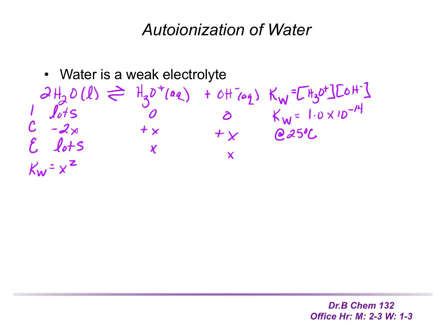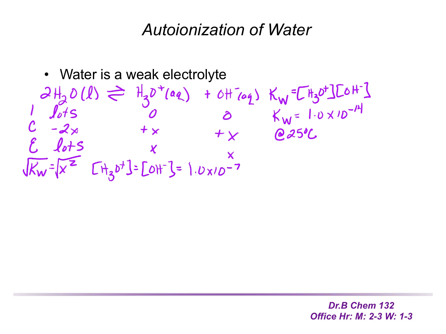I can then solve for x by taking the square root of both sides. I would get that the concentration of H3O plus is equal to the concentration of OH minus, which is equal to 1 times 10 to the minus 7.